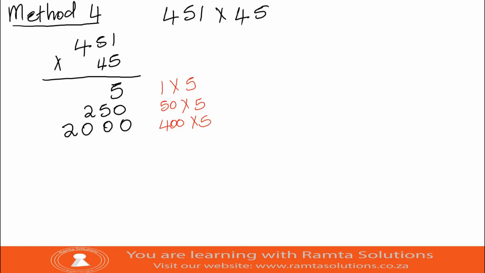Now, moving on, this value here represents tens, so it's 40. Now, 40 times 1, what is it? It's 40. 40 times 50, what is it?